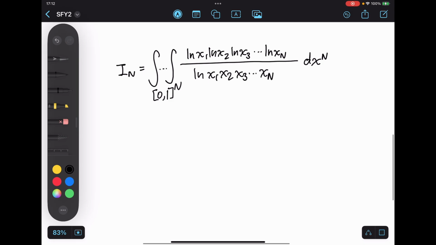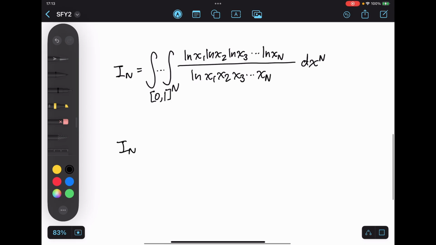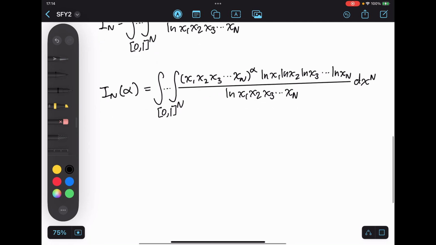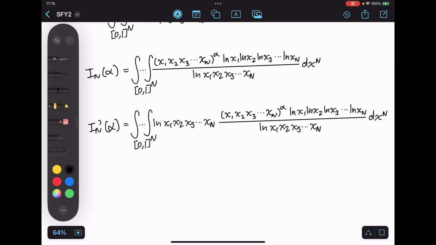I'm going to insert a parameter called alpha right there, as the exponent of the product of dummy variables. Now, if I take the derivative with respect to alpha, I'll have an extra log of the product of dummy variables, and now I can just cancel them out.